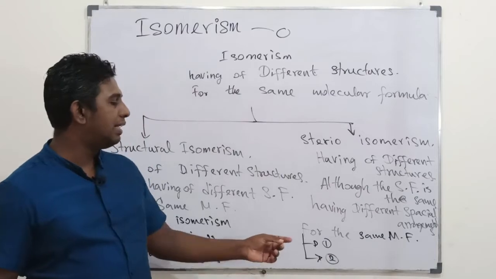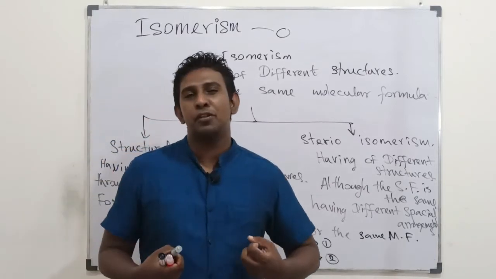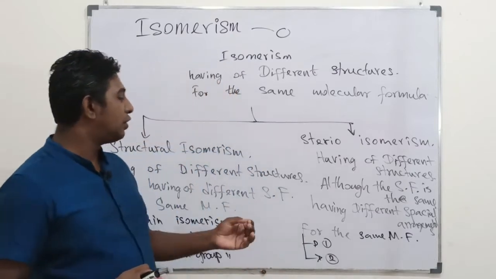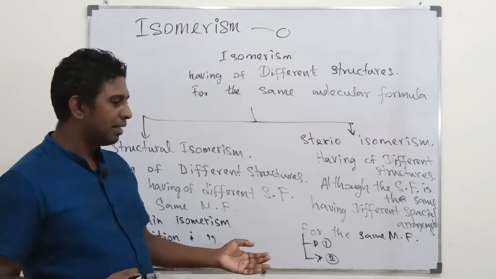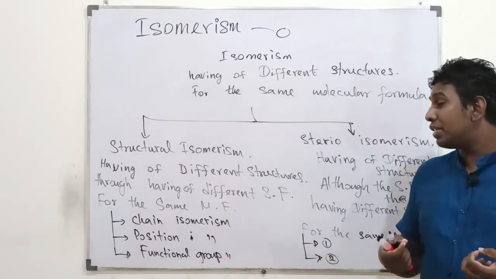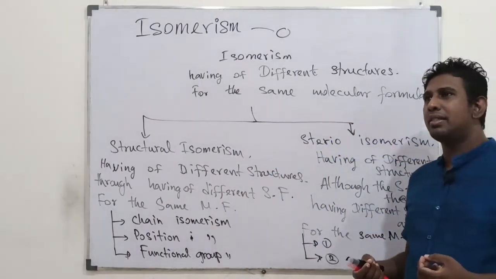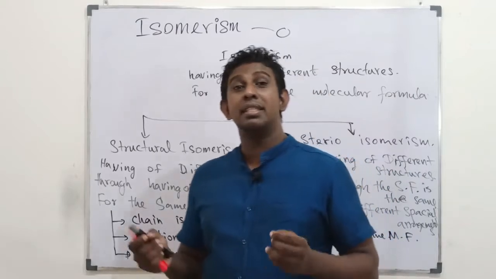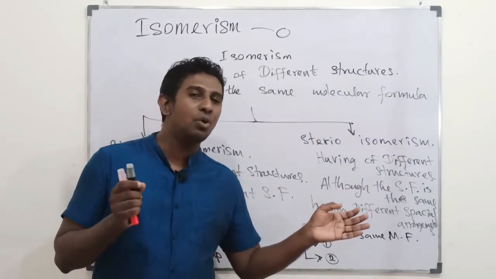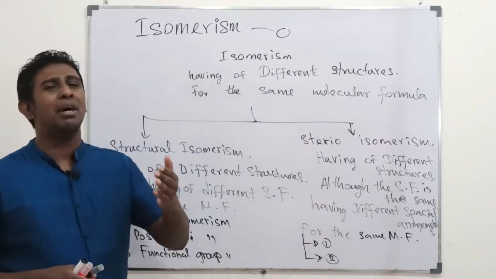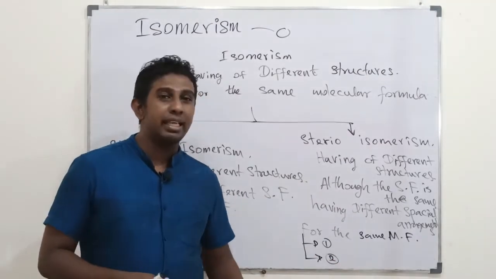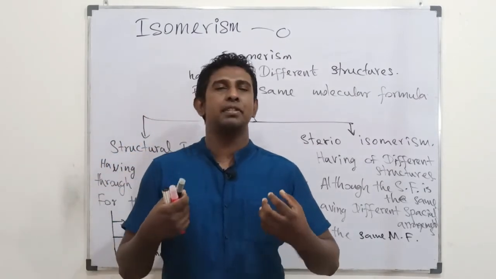We identify it as geometrical isomerism, or we could call it diastereomers. Let's call it cis-trans isomerism or diastereomerism. We'll find them also.